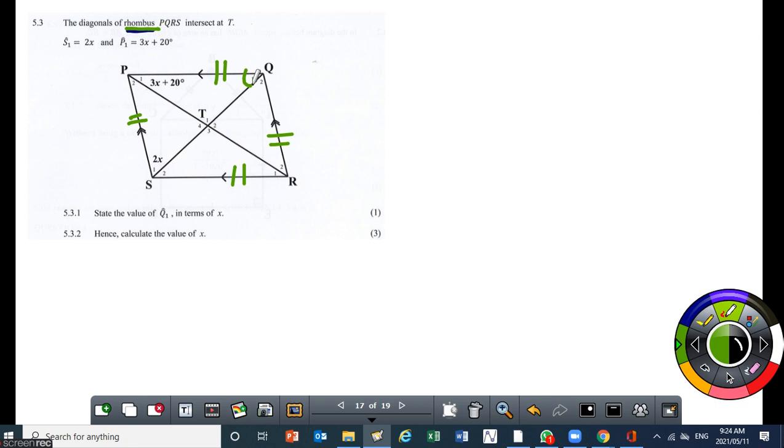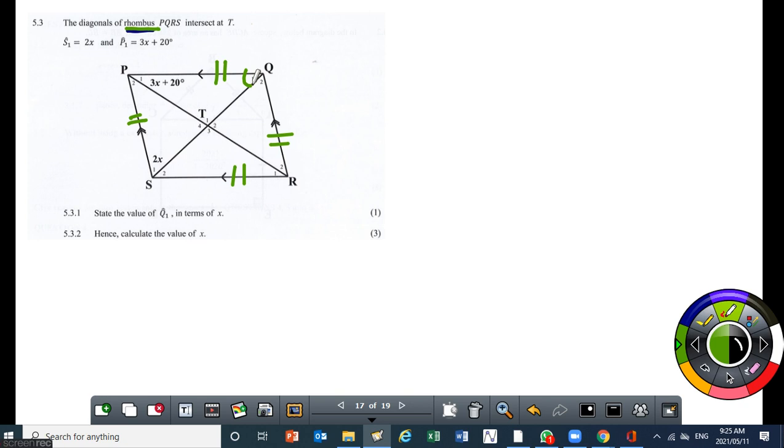Now, each diagonal divides the rhombus into two equal triangles.